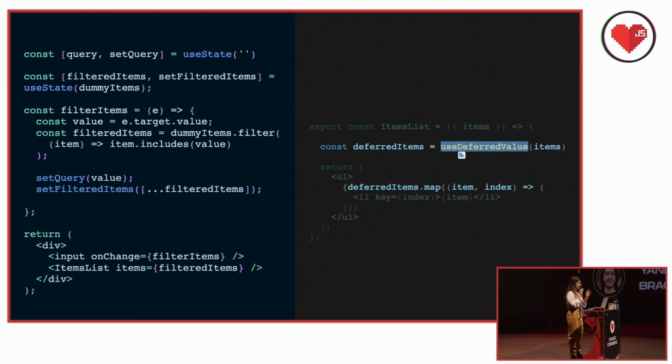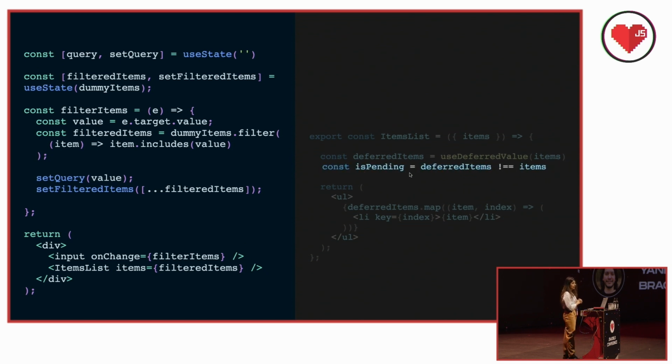As I'm typing, the value is not getting updated for the deferred items. It will get updated later on, at the end, when all the updates have been completed. So this value is lagging behind, and I'm looping over the old value. So this update is not taking a very long time. Now I want to show the loading. So what I can do here is check if deferredItems is not equal to items, then I can show the loader.